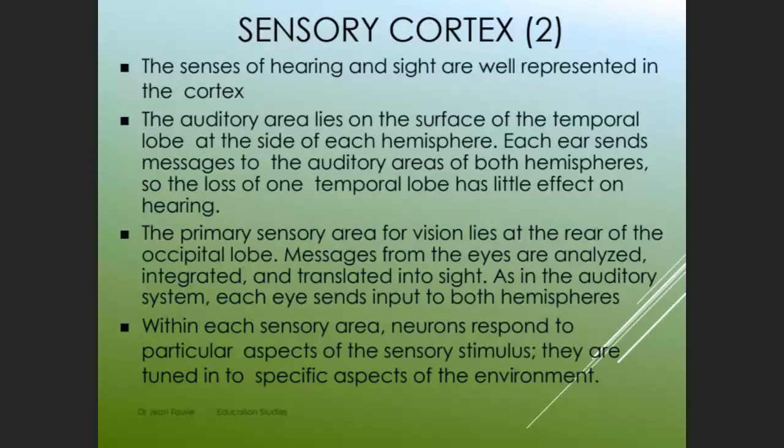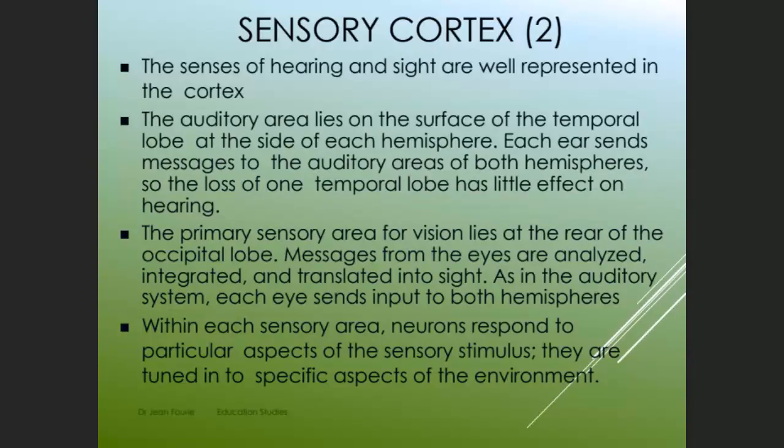The senses of hearing and sight are very well represented in the cortex. The sense of hearing, the auditory area, lies in the temporal lobe on each side, just behind your ear. The ear sends messages into the brain, and they go into the temporal lobe, which then processes and makes sense of what you are hearing.